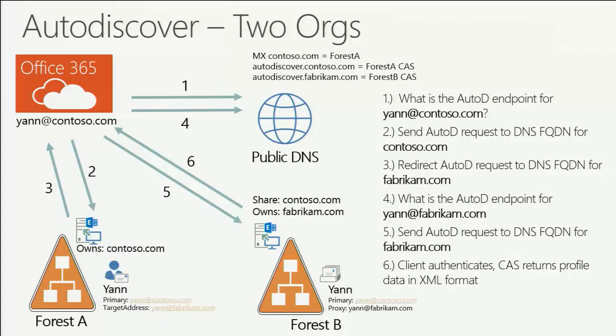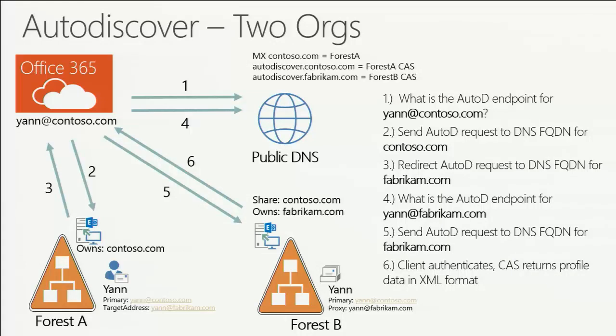So using the combination of target address plus a reply address, we can use Autodiscover always to find where the mailbox is in any of the on-prem organizations, regardless of the SMTP domains or number of domains, right, that you have published. We just need each forest to have a single authoritative one that's publishing that information via Autodiscover out to the internet.